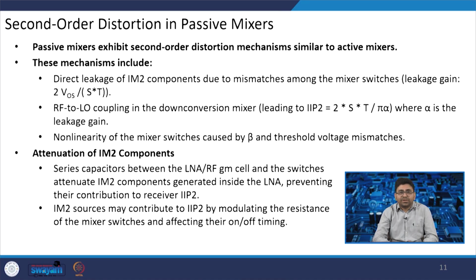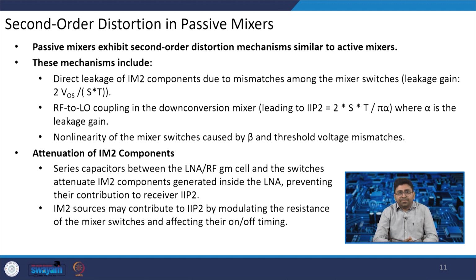non-linearities. So, for attenuation of the IM2 component, series capacitors between the LNA and the RF GM cell and the switches attenuate the second order components generated inside the LNA, preventing their contribution to receiver IP2.